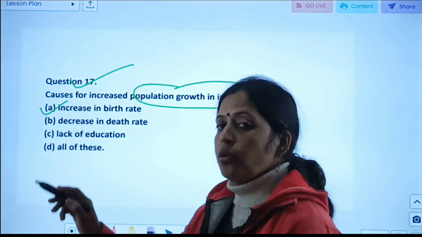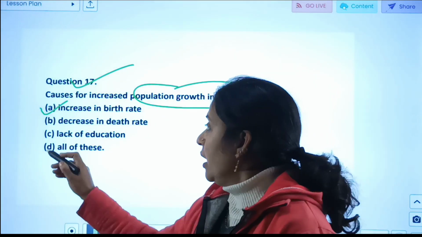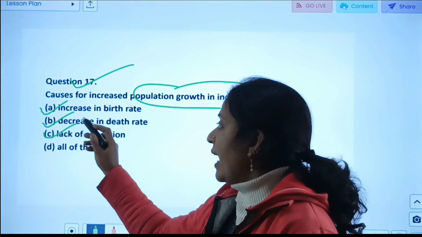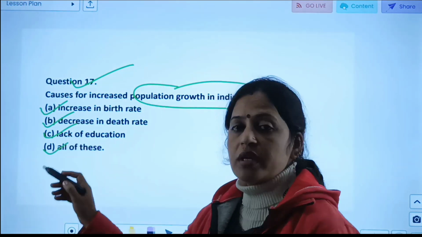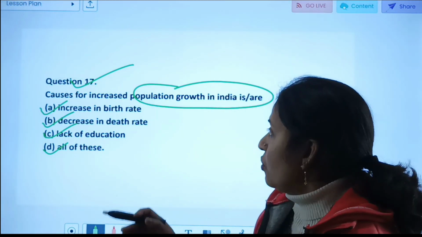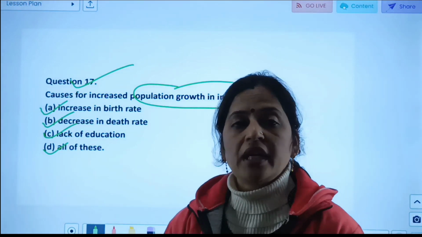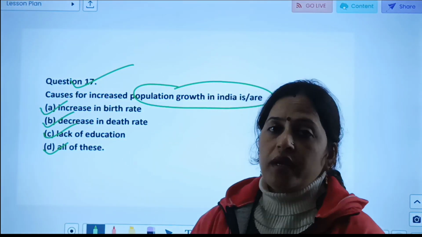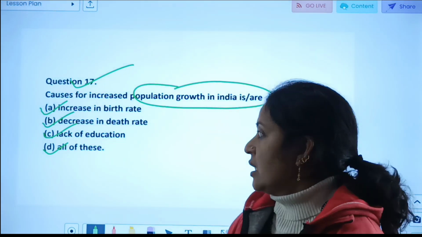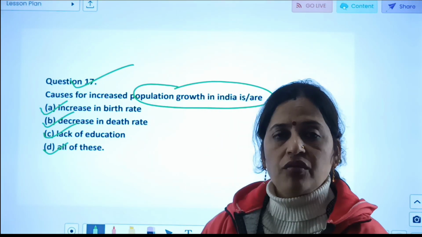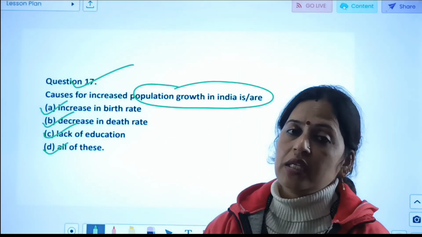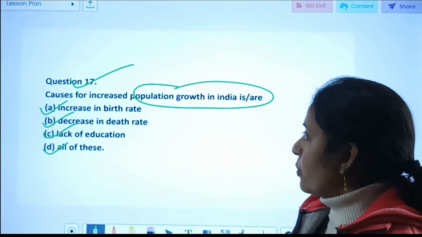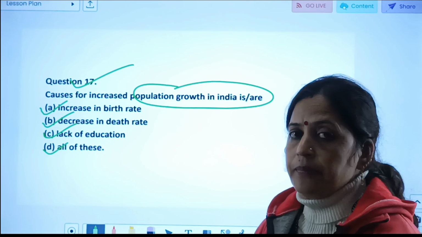Options: increase in the birth rate, या फिर decrease in the death rate, या फिर lack of education, and the last one, D, is all of these. So, what are the main causes for the increased population in India? You have to choose the right option for question number 17.